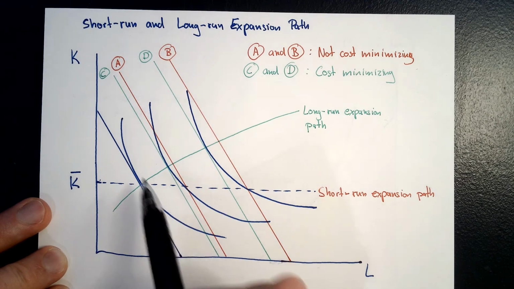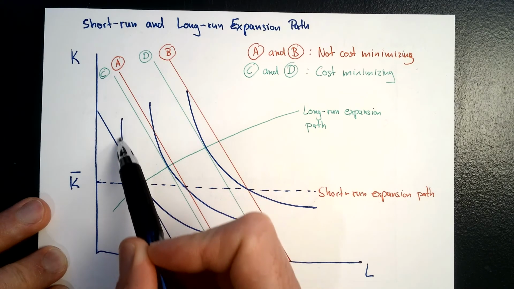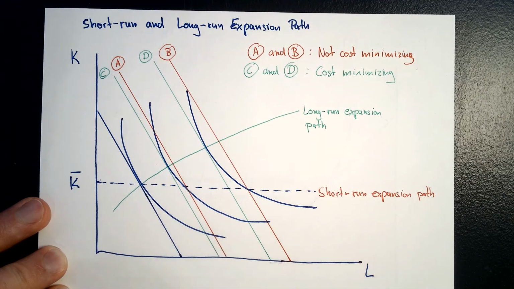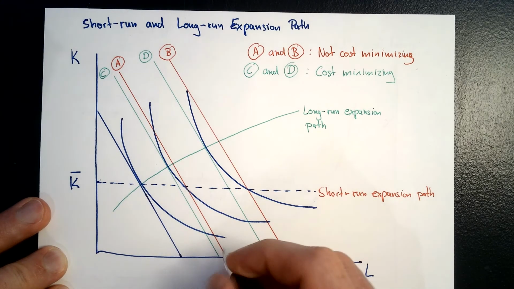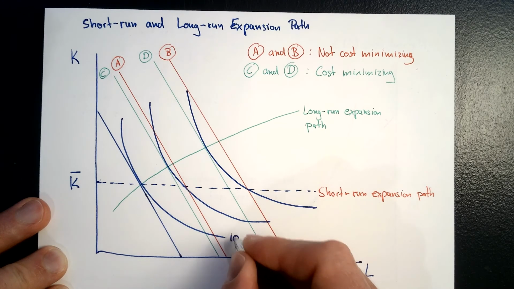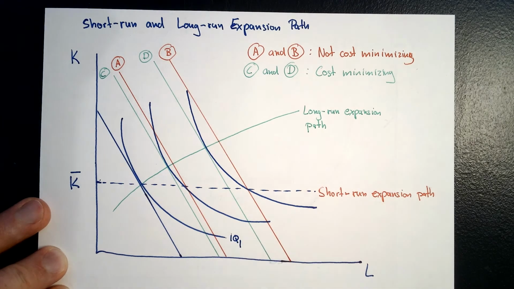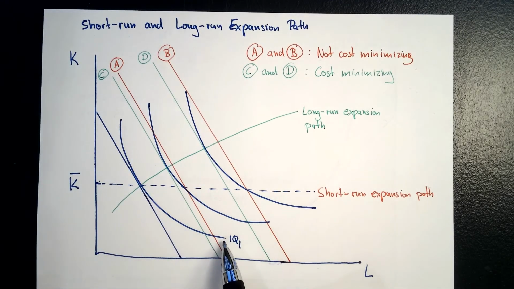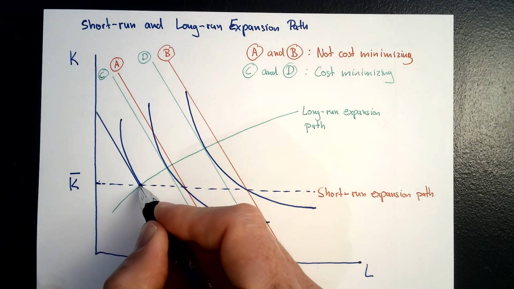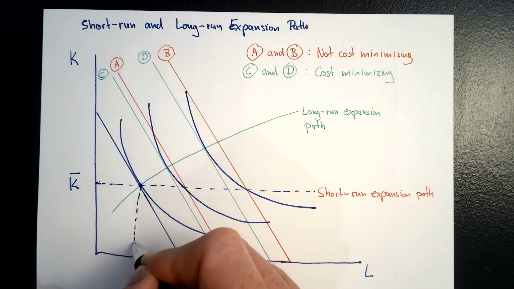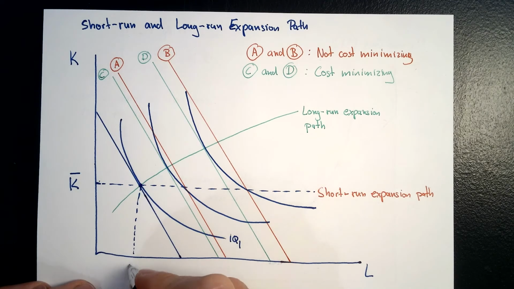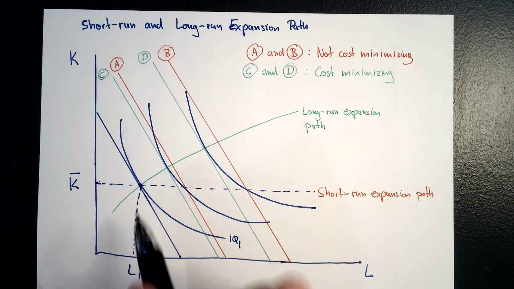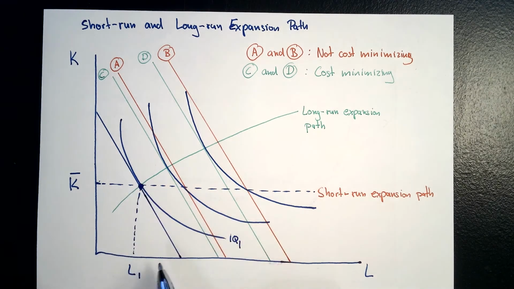Now, suppose that initially the firm produces on this isoquant, let's call this IQ1. So that is the isoquant the firm is currently producing at, and they're using K bar units of capital and, let's call it, L1 units of labor. So they are at this point.